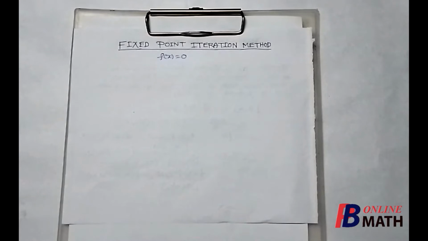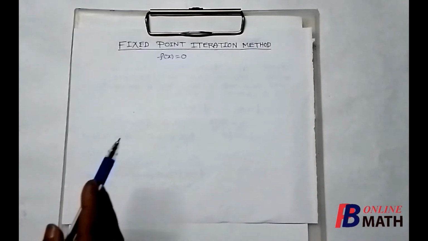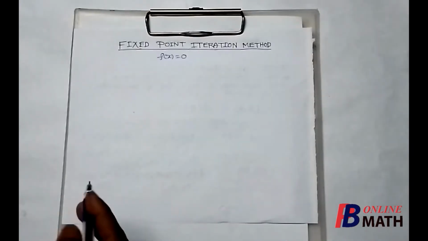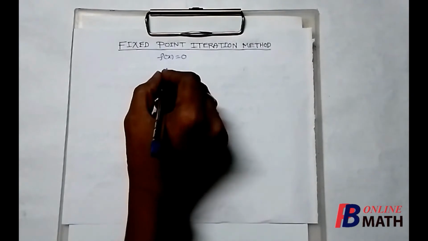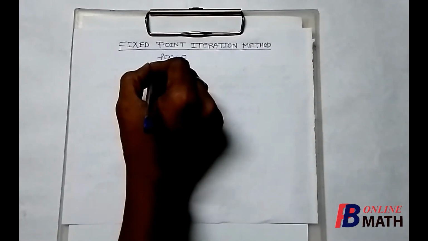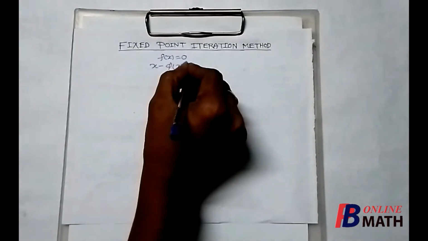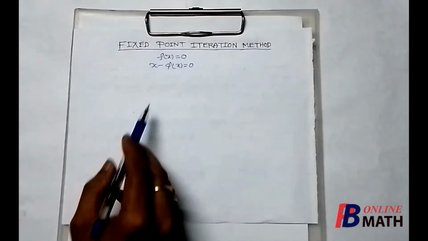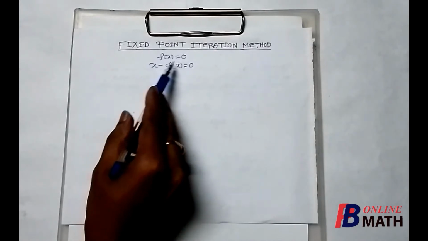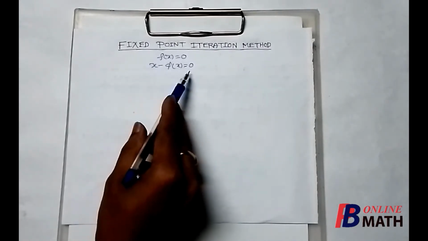Now if this is the given equation f(x) = 0, in this method we first write this equation in some different ways. Suppose we can write this equation as x minus phi(x) equal to 0.